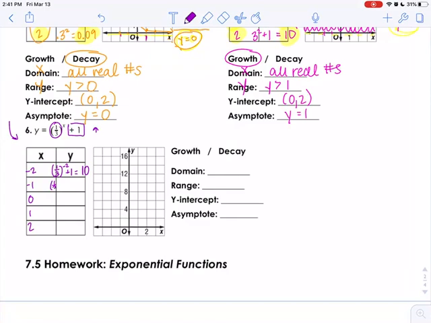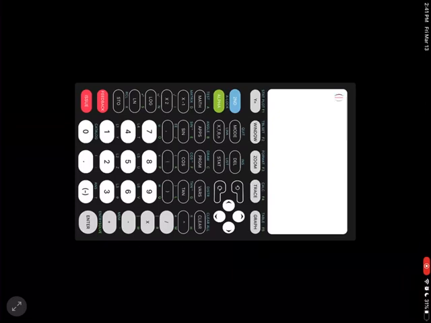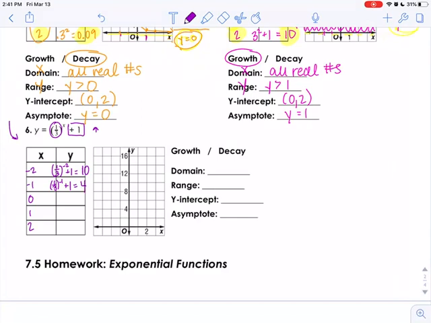So this equals 10. And then I have 1/3 to the -1 plus 1. I'm going to plug that in, use parentheses. 1/3 to the -1 is 3, plus 1 is 4.